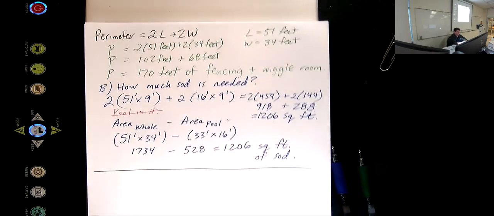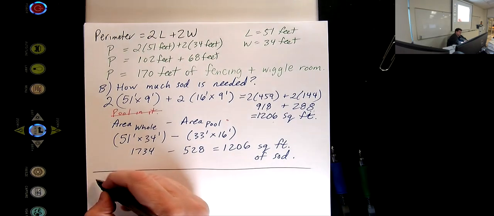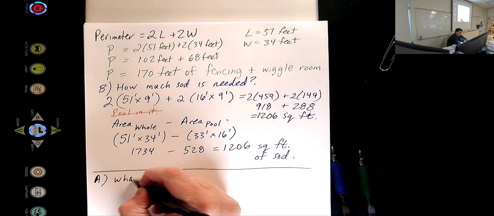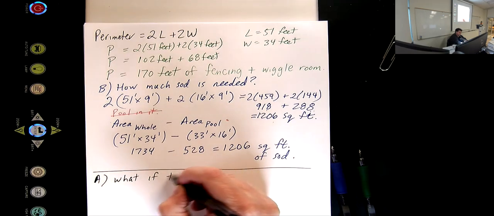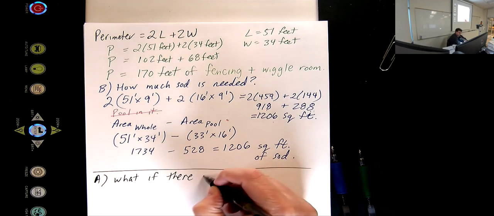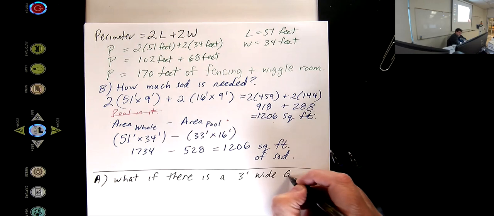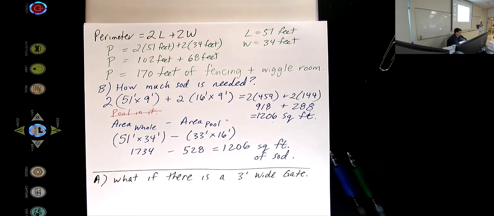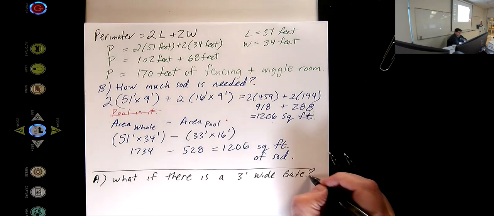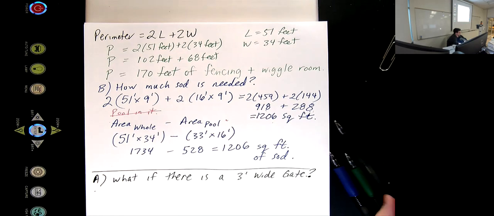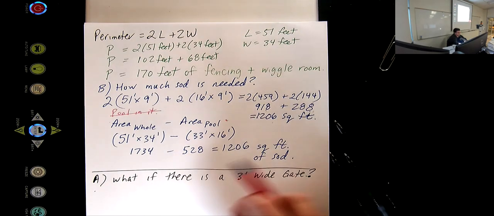That would require depth. Oh, I like where you're going with it, though. So what if there is a 3-foot wide gate? How does that change the perimeter or fencing? We're just gonna deduct 3 feet. It seems like that's the best way to do it, right? You already know what the perimeter would be.